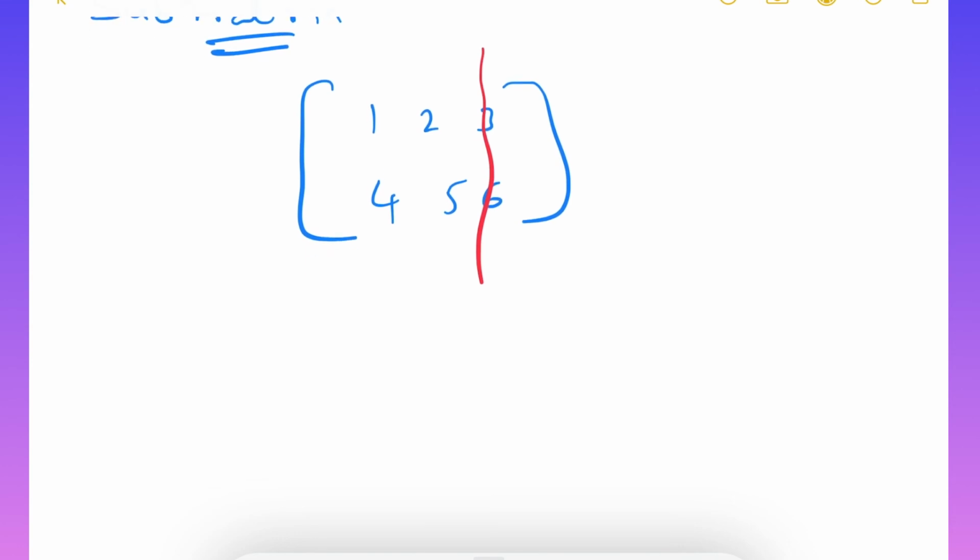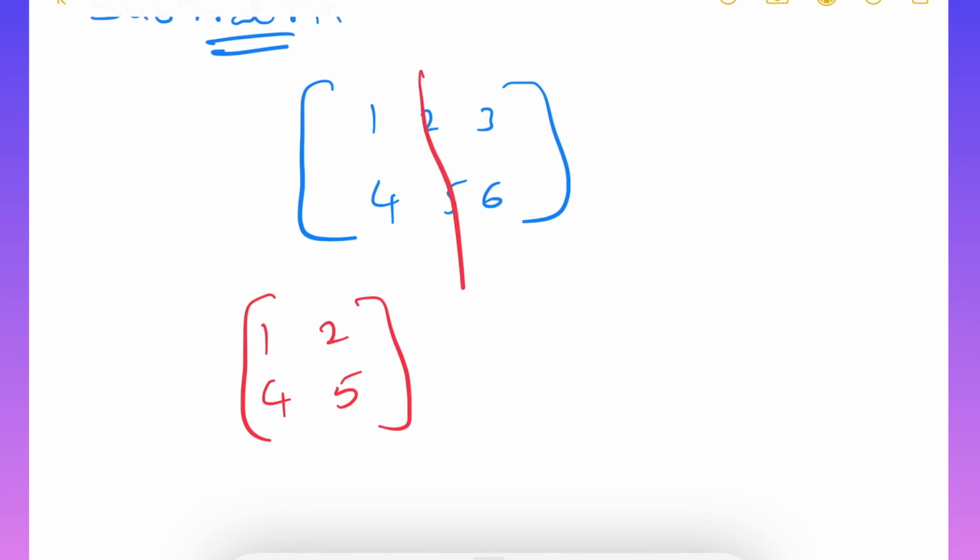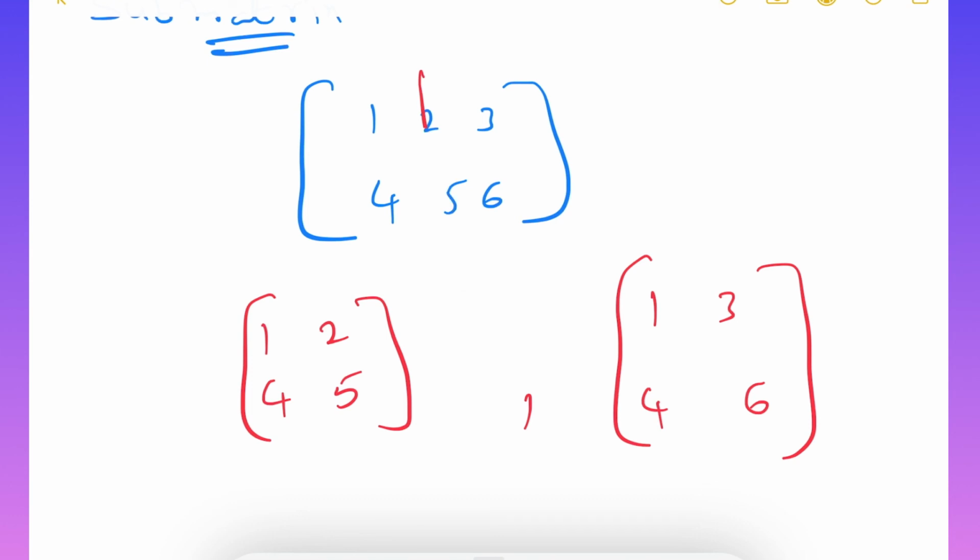Whatever remaining matrix is there is called a submatrix of the original matrix. Now instead of removing that one, I will delete another, the complete second column. So we get one more, that is 1 3 4 6. This is also a submatrix of the original matrix.